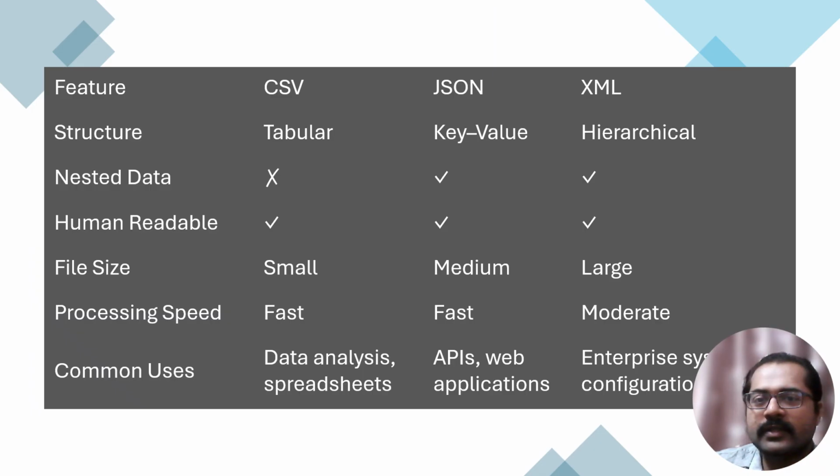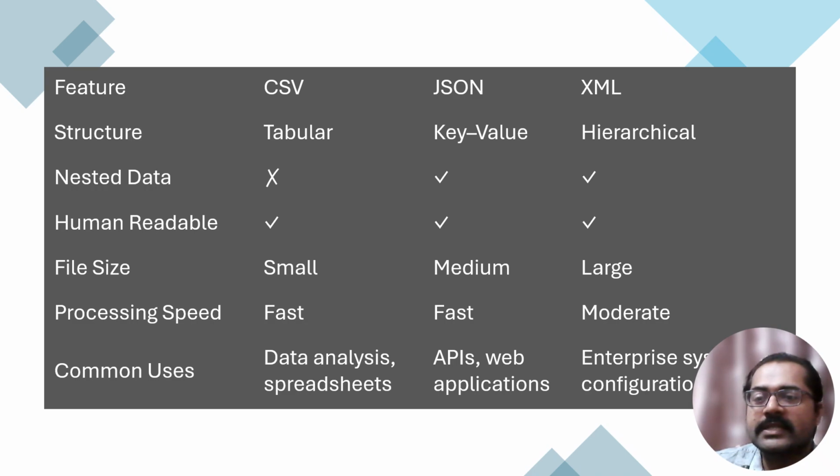Let's see the differences among these three data formats. Structure: tabular for CSV, key value for JSON, hierarchical for XML. Nested data: data is not nested in CSV, but in JSON it is nested and human readable. File size depends on you. If you can afford large memory, you can go for XML.